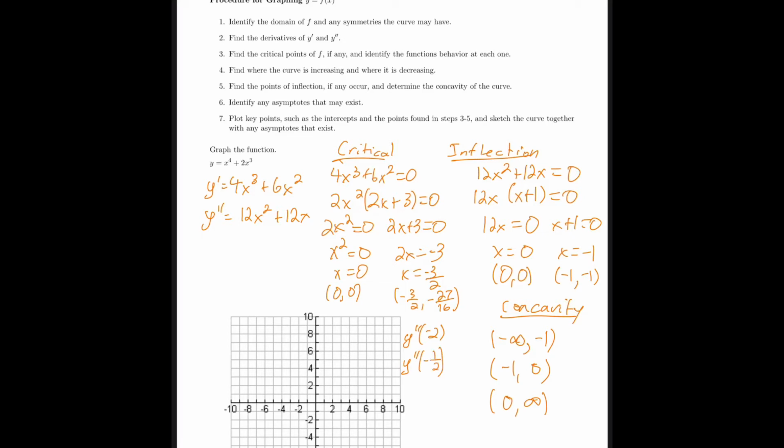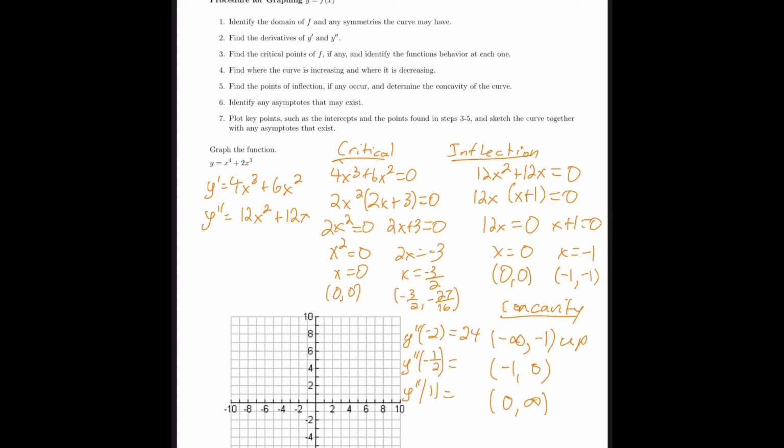So we can do y double prime of negative 2, y double prime of negative 1/2, and y double prime of 1. So y double prime of negative 2: negative 2 squared is 4, 4 times 12 is 48, plus negative 24 is positive 24.